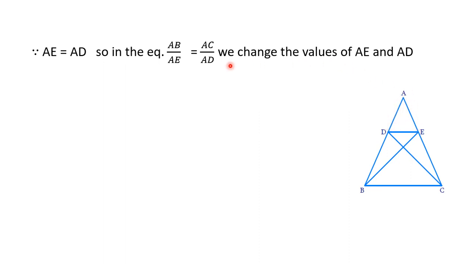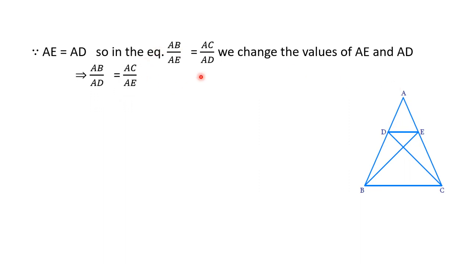So in this equation, AB upon AE is equal to AC upon AD, we change the values of AE and AD.